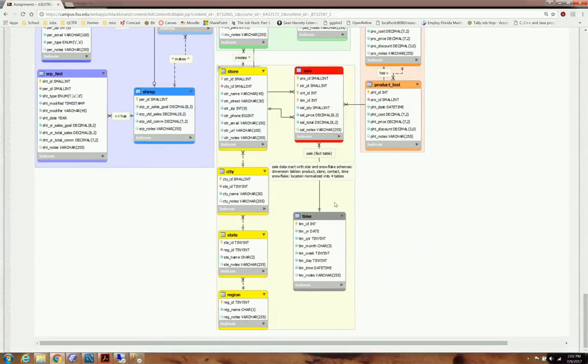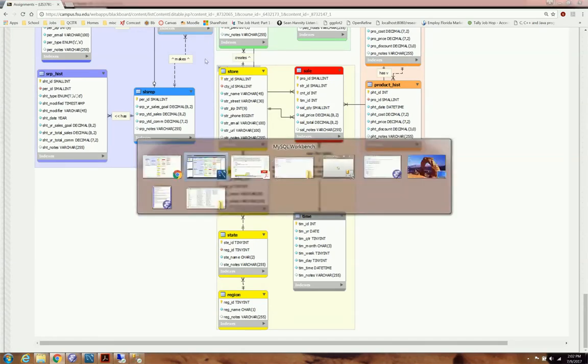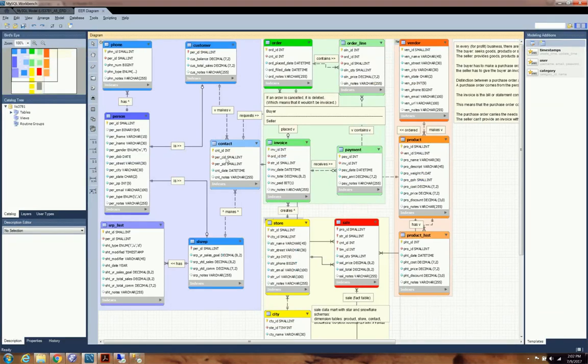On the older version, it was just gold. So it looks like a regular primary key, so you really couldn't tell that they are actually foreign keys. But in the newer version of MySQL Workbench, you could see that it is a key, and it's different from the look of the foreign keys in other tables because it is not only magenta, but it is a key icon as well.